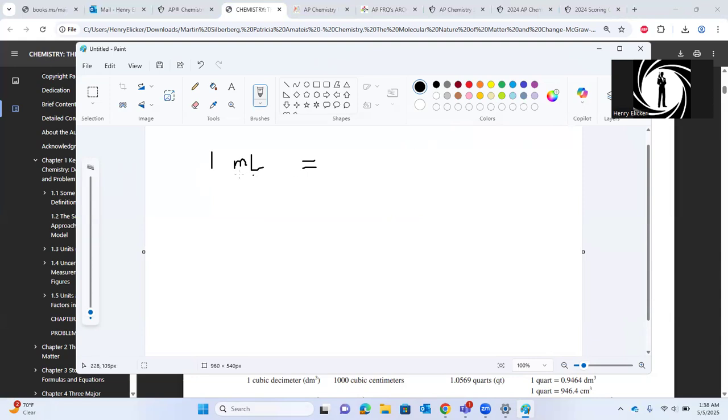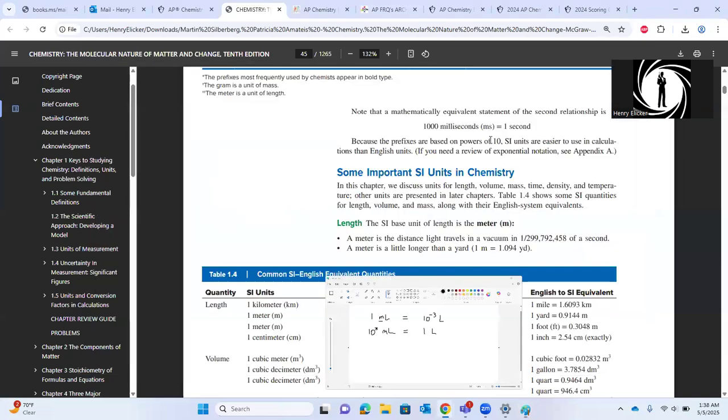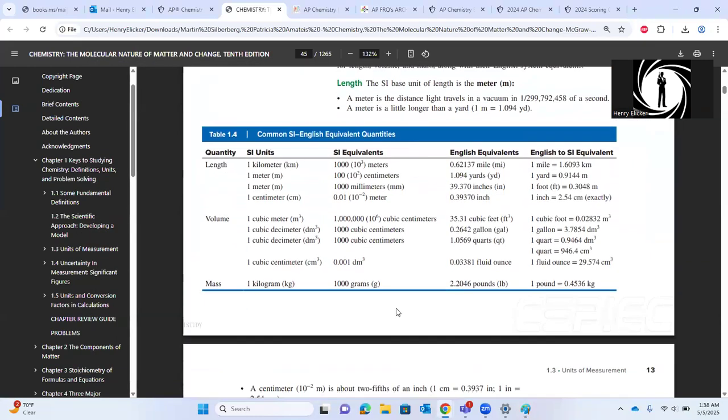What does milli mean? Milli literally means 10 to the negative third. You can look at the chart. And then we still have the same base unit. So 1 milliliter is literally 10 to the negative 3 liters. Another way to represent that is to flip them. 10 to the third milliliters, or really 1,000 milliliters, is 1 liter. You could do that. All right, here are some examples.